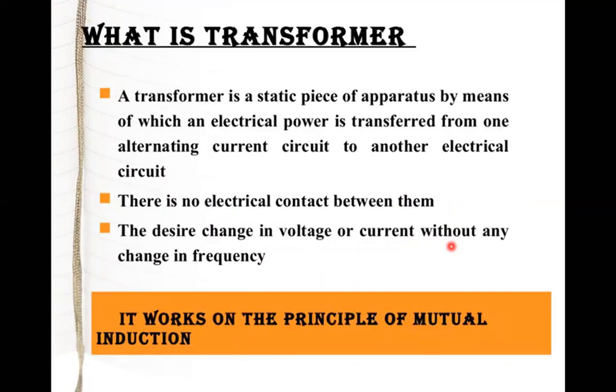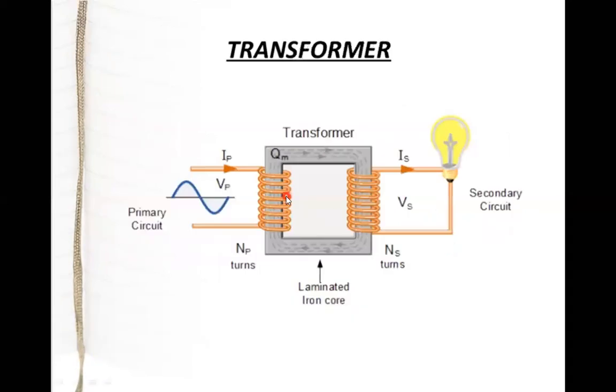How do you define the transformer? It is a static piece of apparatus by means of which electrical power is transferred from one alternating current circuit to another electrical circuit. See, a transformer will not change the nature of the current. The input is given as AC. The output is again of the same nature, in the form of AC only.